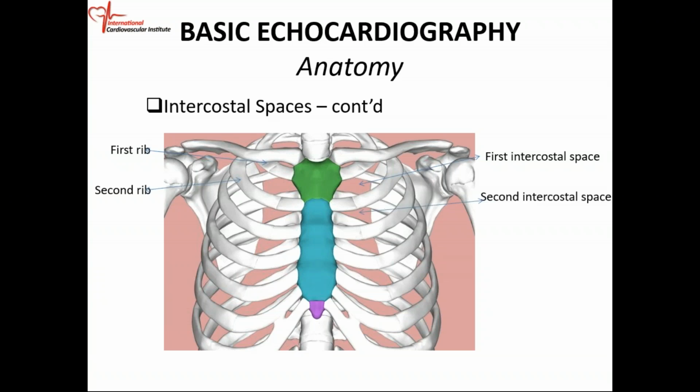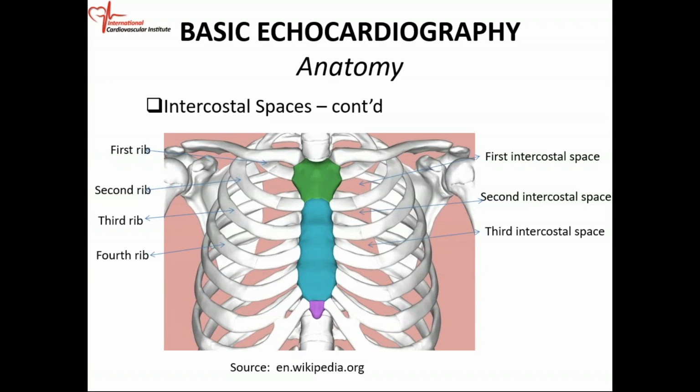Then the second intercostal space is between the second and the third rib. And the third intercostal space is between the third and the fourth rib, and so forth, so on. We usually position our probe or transducer in the intercostal spaces.